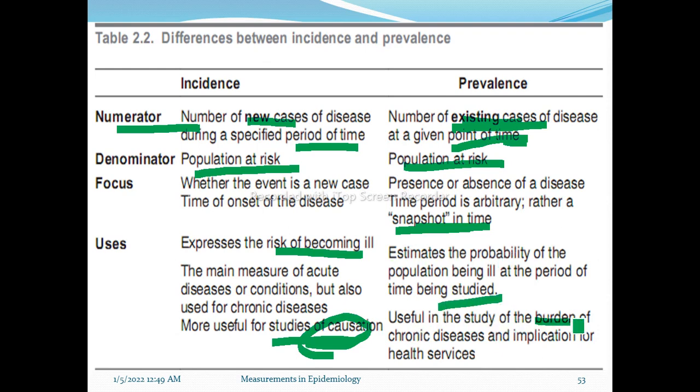It is useful in the study of the burden of chronic disease and its implication for health service planning, and the magnitude of that disease. Incidence also studies burden, but is mostly suitable for identifying the causative agents of the disease.